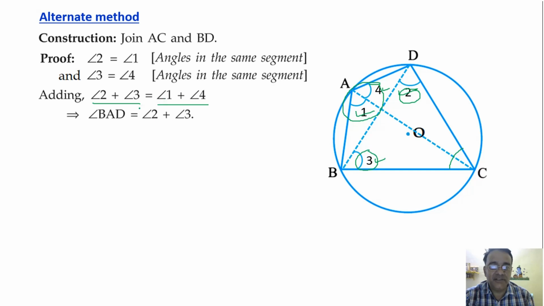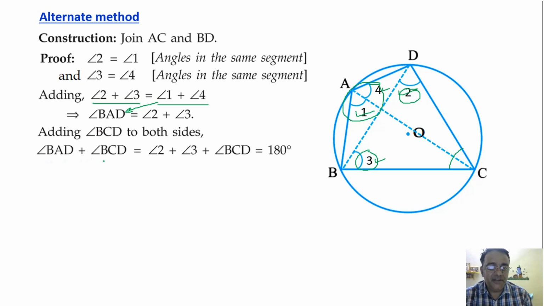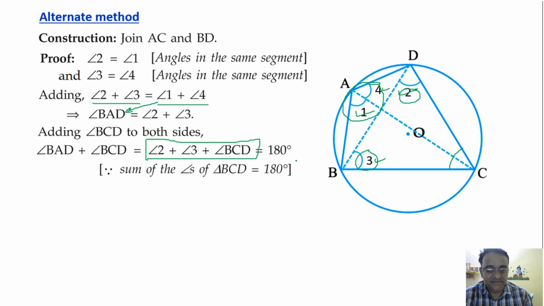Now we'll add angle BCD to both sides. So angle BAD plus angle BCD is equal to angle 2 plus angle 3 plus angle BCD, and this is equal to 180 degrees, by the angle sum property of triangle. So the sum of these two angles is equal to 180 degrees.